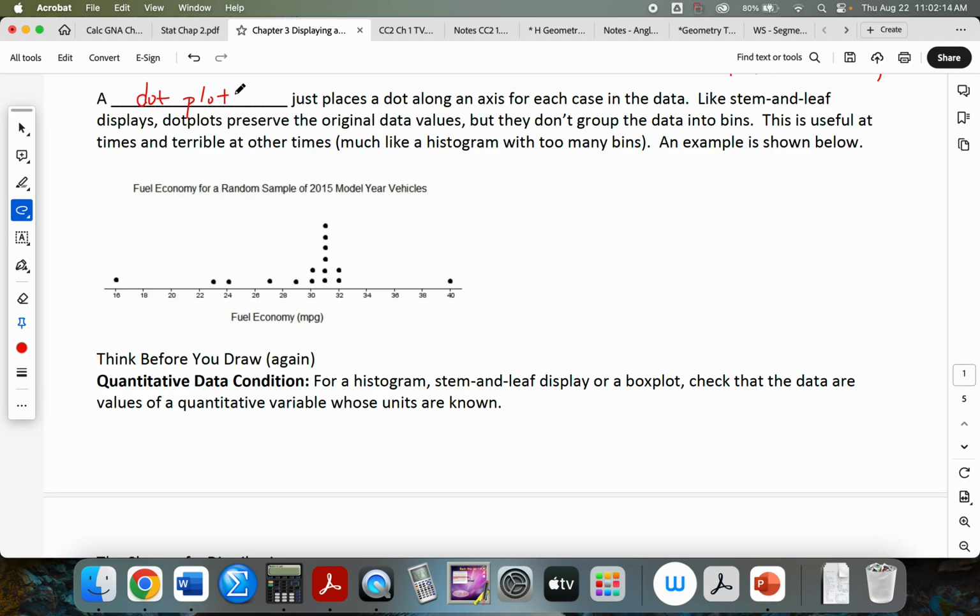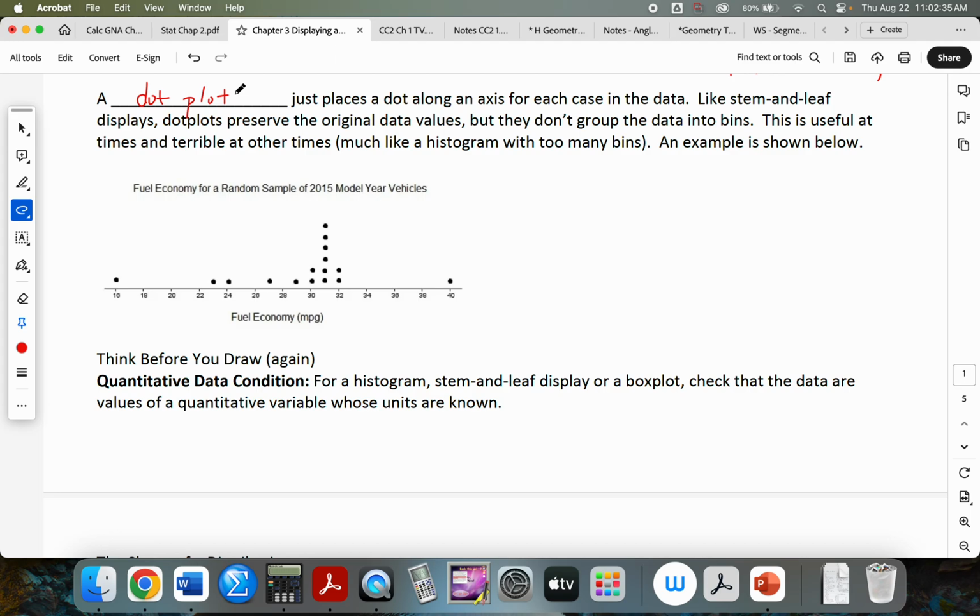It's useful at times and terrible at other times. Like, this is sort of like a histogram with way too many bins, right? It doesn't group anything together. We typically will clump some things together to make a better histogram.